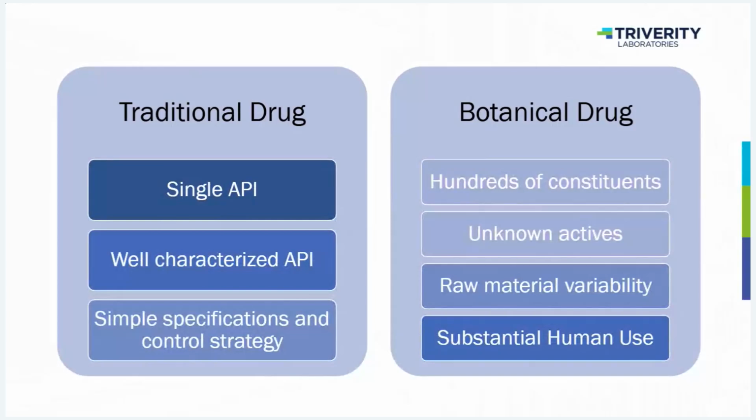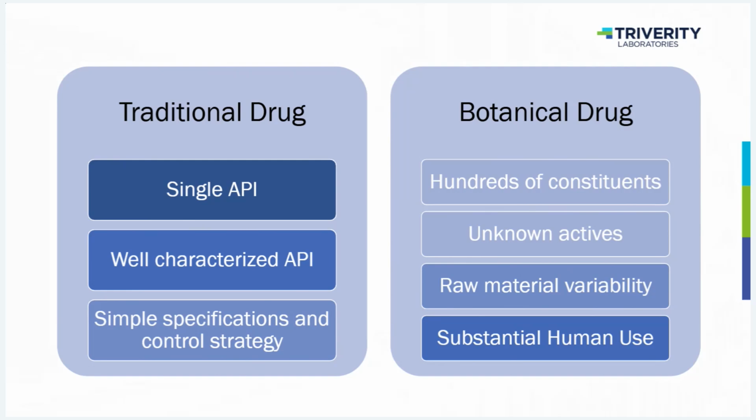The differences between traditional drugs and botanical drugs are that traditional drugs are typically a single API. That API is well characterized, and there's some simple specifications and control strategies in comparison to botanical drugs. It's pretty prescribed, the process and the requirements to get a NDA approved as a traditional drug.